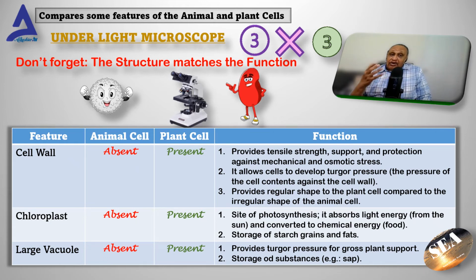The cell wall is absent in the animal cell, present in the plant cell. It provides tensile strength, support and protection against mechanical and osmotic stress, and this is very important.